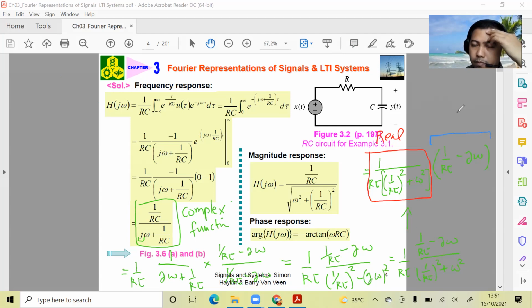Because this is a complex component, you remember a plus ib, the magnitude becomes something like this. So if this is a and this is b, then you can substitute, become this and this.